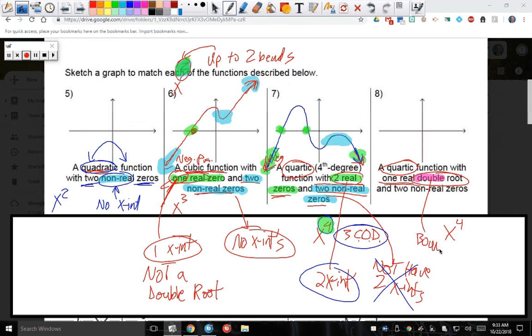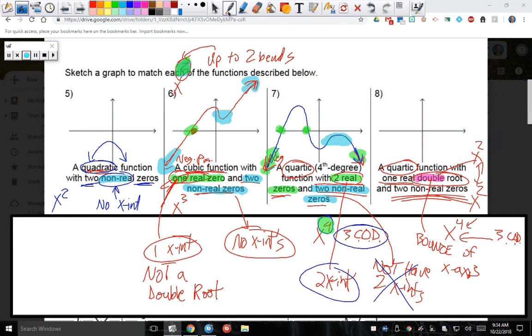So bounce off the x-axis, and it has 2 non-reals. So one double is like x squared, and 2 non-reals is like another x squared, so the total would be my x to the 4th. We just have to show a power of 4 with 3 possible changes of direction, and then the following that we highlighted. Okay, so let's make this one positive.